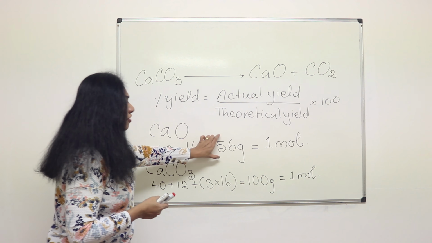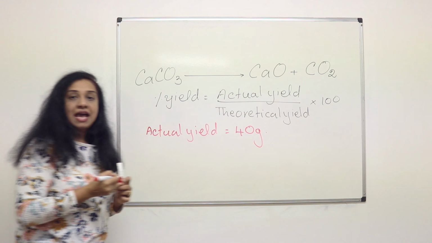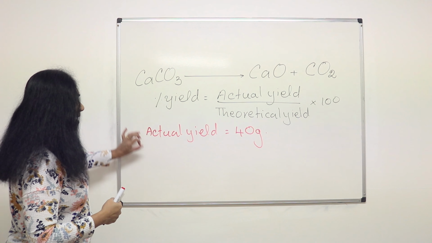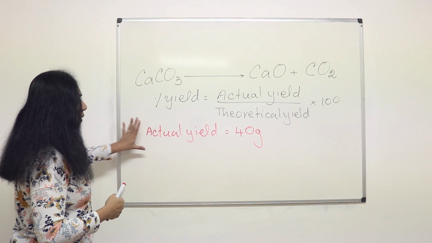Say the student did the experiment and got an actual yield of 40 grams. That is the actual yield the student got. So we know our theoretical yield, and now we know our actual yield.